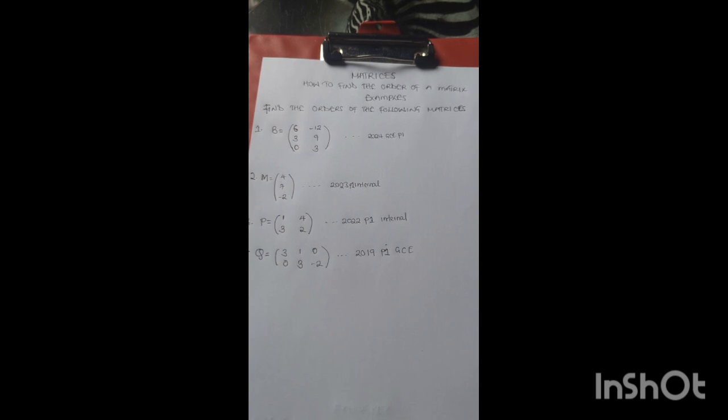order of a matrix. Since this is the first time we're looking at matrices, I'll quickly guide you through what comes under matrices at grade 9 level. There's paper 1 and paper 2, so there are 4 components. Number 1, how to get the order of a matrix, which is what we're going to do today.